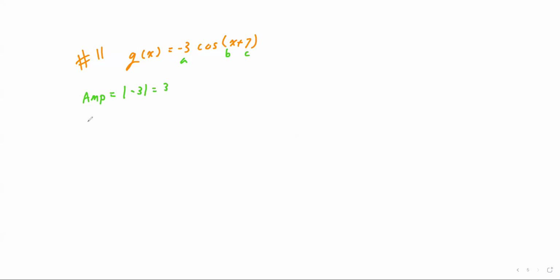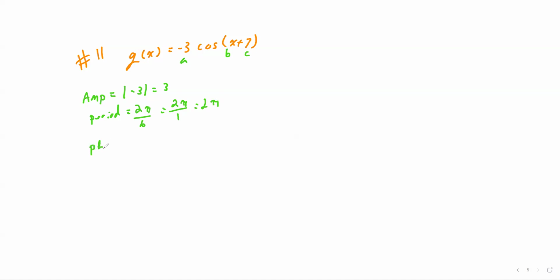All right, and then we look for period, which again is 2 pi divided by b, which is just 2 pi divided by 1, which gives me 2 pi.